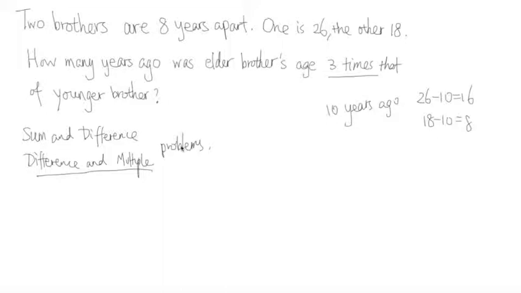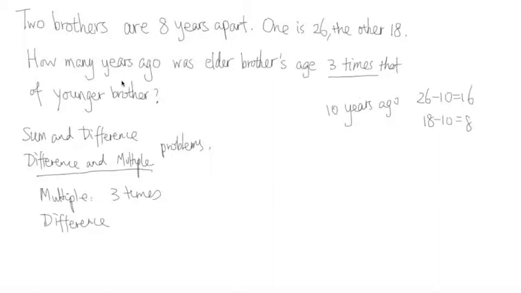All right. So what do we need? We are given the multiple in this case, and the multiple is 3 times. And the difference, well, remember, the older brother is 3 times as old as the younger one many years ago.